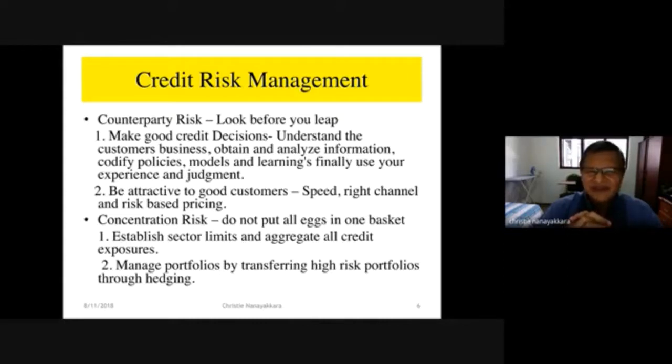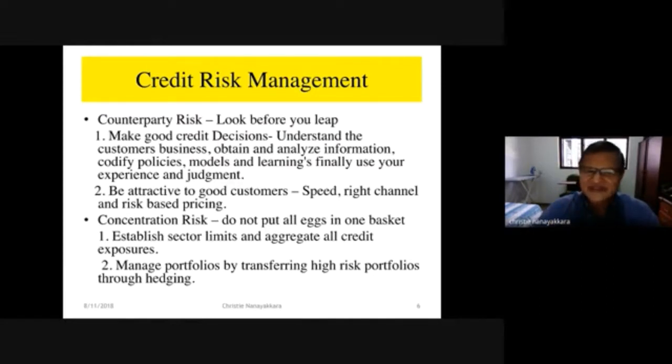So counterparty risk can be avoided mainly by, we call it, look before you leap. We say you do a proper credit evaluation. I have also put here make good credit decisions. So when you do a proper evaluation only, you can take a good decision.